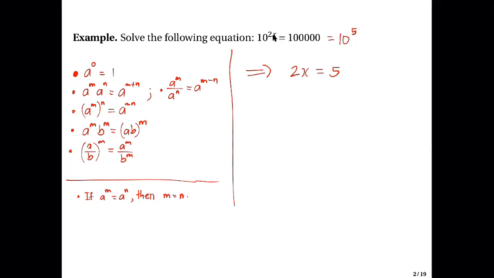So 2x must be equal to 5. And therefore, we have x equals 5 over 2. So this is the solution to this equation. Okay? So, any questions on this first problem?